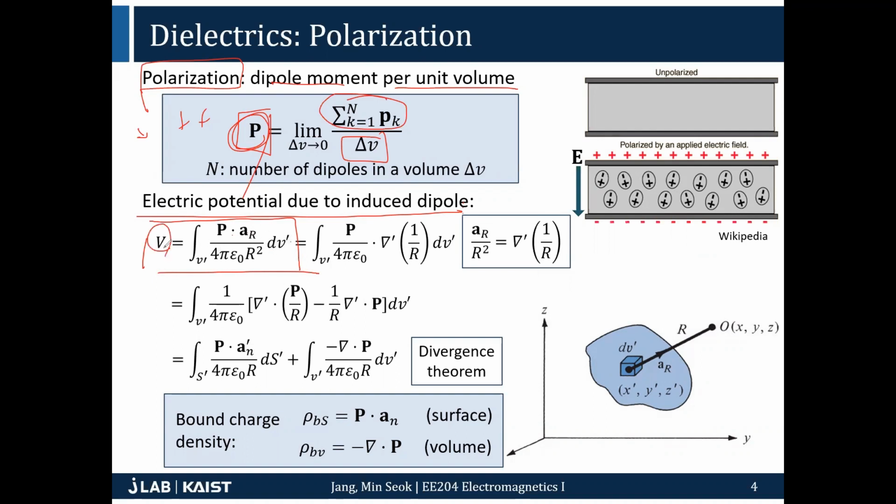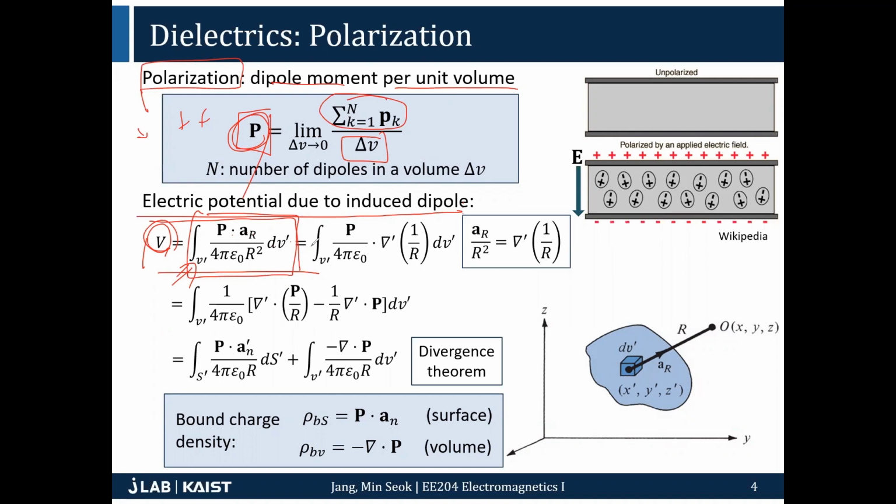So the potential of an induced dipole is this. We learned this in the previous lecture. You probably remember, when we have a dipole, the electric potential due to a dipole has this form, right? We took it from that page.